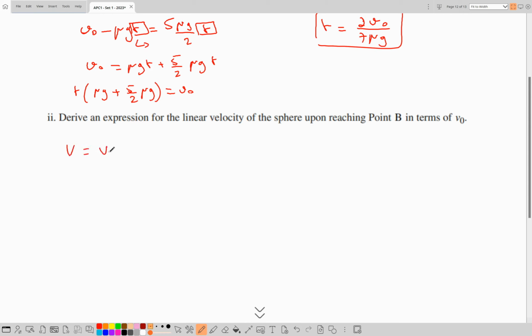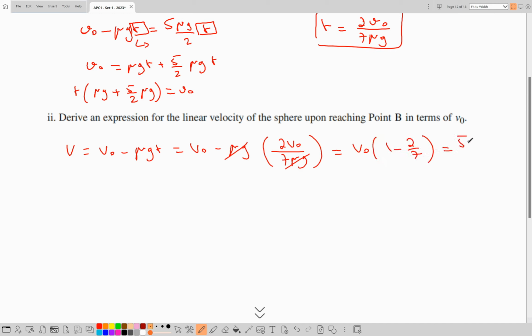So v is v0 minus mu g multiplied by 2 v0 divided by 7 mu g. Mu g would cancel. That would be v0 into 1 minus 2 over 7, which is basically 5 over 7 multiplied by v0. Then the linear speed at the point B is given by 5 over 7 v0.